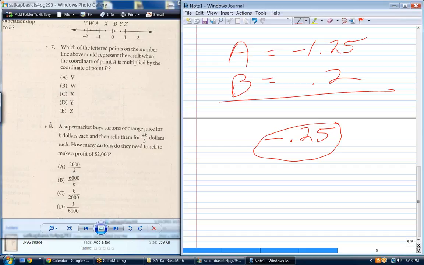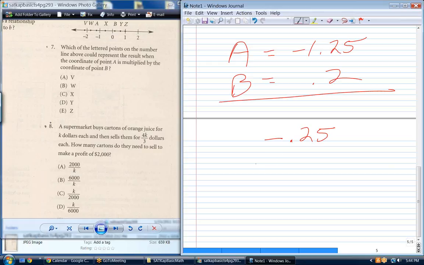It's all right. So if our approximate answer is minus 0.25, we might be off a little bit, but the one thing we know is it's minus, because B is positive and A is negative. So our answer has to be to the left of 0. And it also has to be between 0 and negative 1.